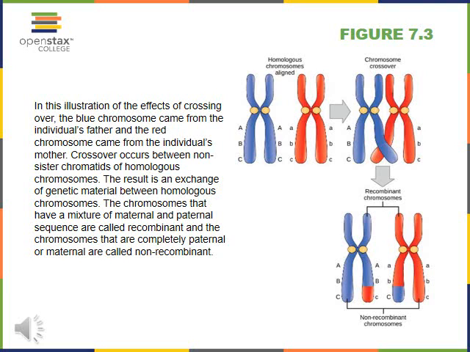Notice how each side of the blue has a capital A, capital B, and a capital C. The red one has lowercase a, b, and c on both sides. So when we cross over, there's a potential here to have a shuffling of those genes. So then we go to the bottom picture. Here we have now the recombinant crossing over.